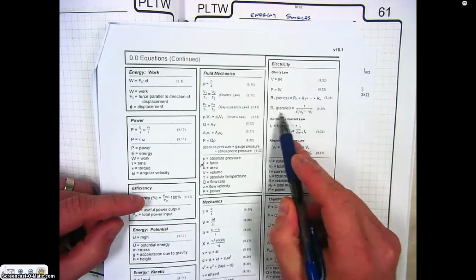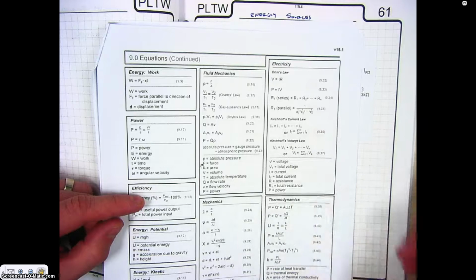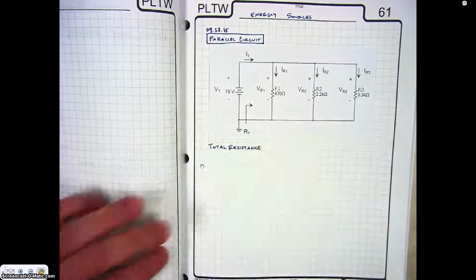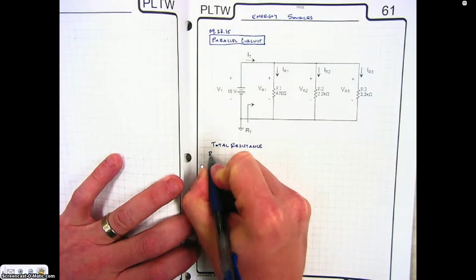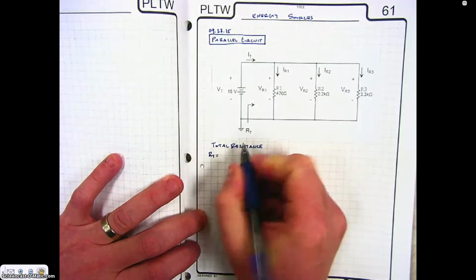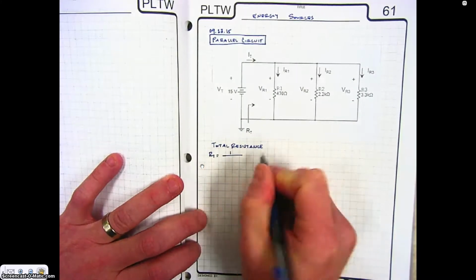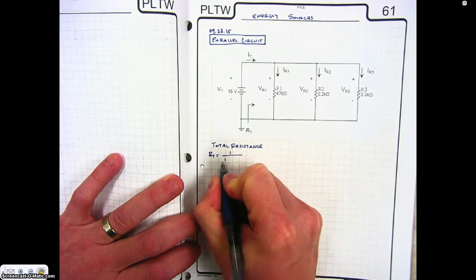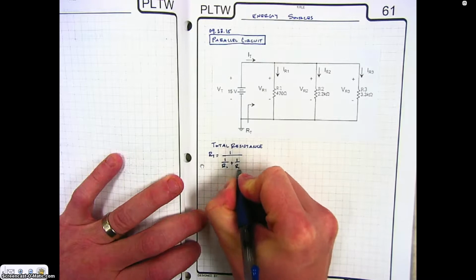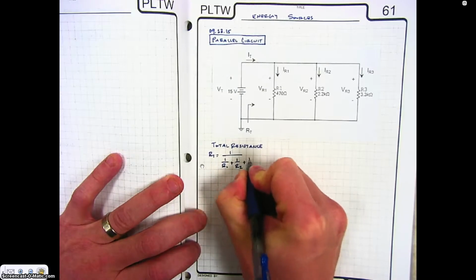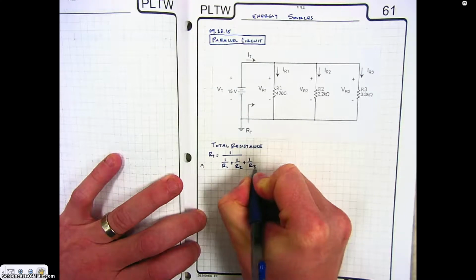So if we look at our formula here, we can plug in our numbers and calculate it. Total resistance is equal to 1 over the resistance of component 1 plus 1 over the resistance of component 2 plus 1 over the resistance of component 3.